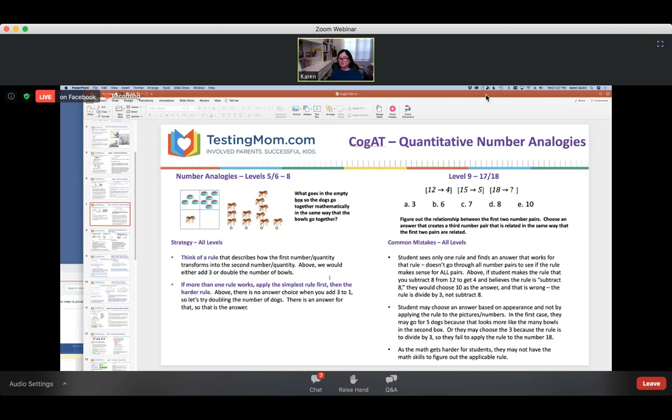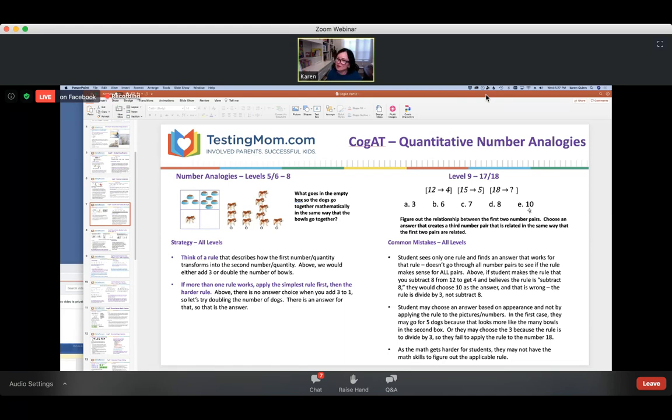For this one, some of the common mistakes are that the student only sees one rule between, let's say, the first pair of numbers, and they don't go on to make sure that's the correct rule. That will happen. So for example, here they might say, oh, we're going to subtract 8 to get to 4. So I'm going to subtract 8 here, and the answer is 10.